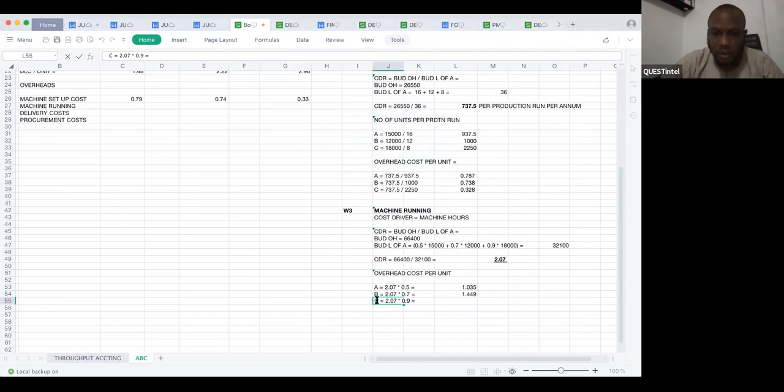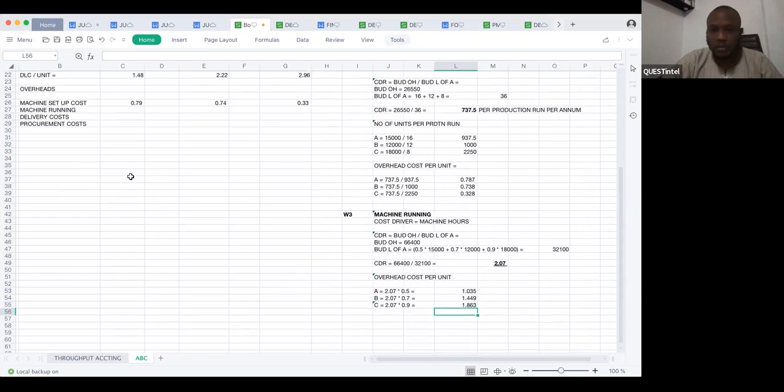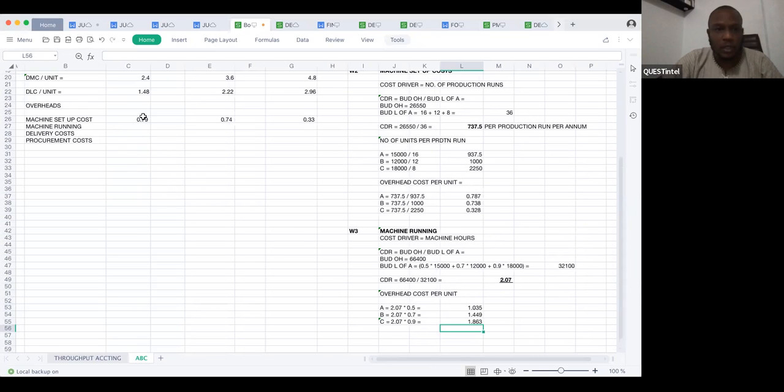Okay, so C. All right, so we've gotten our values for machine running now. So we can copy these ones now.